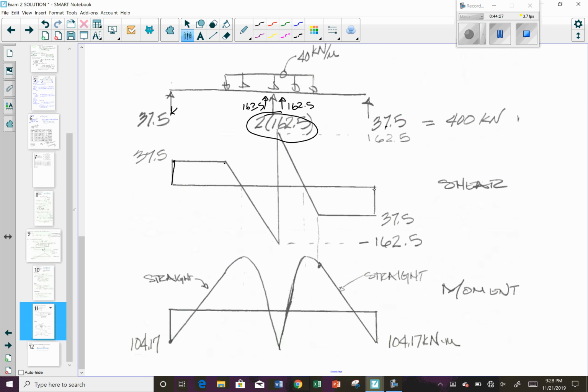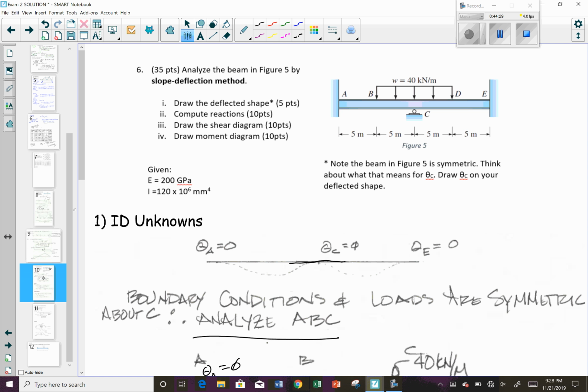For our moment, recall this is fixed here and here. You should be looking at this and saying, I'm going to have a moment here, and here, and here.